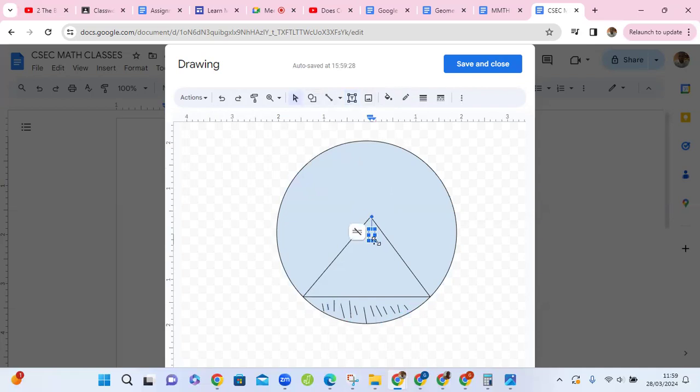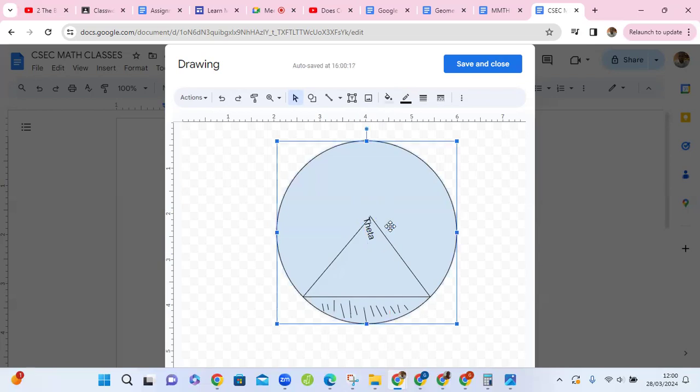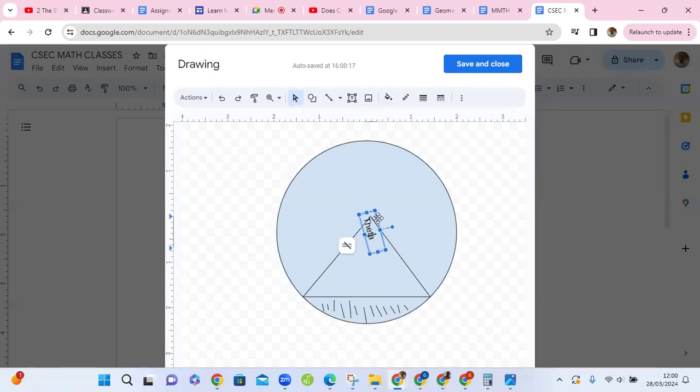The angle right here is theta. I'm looking for the symbol theta, but I'm not finding it, so let us just use the word theta in the meantime. So this angle there is theta.